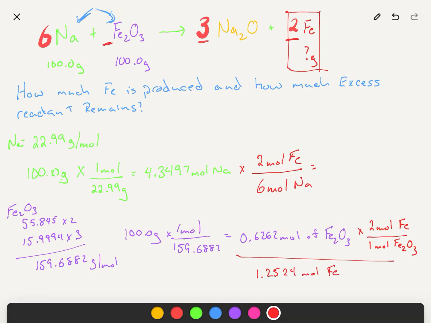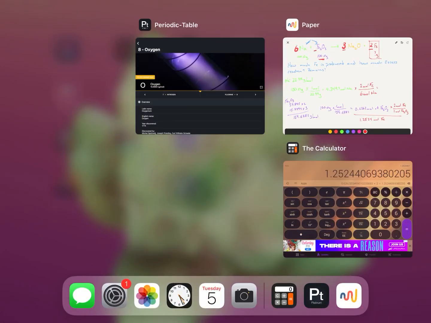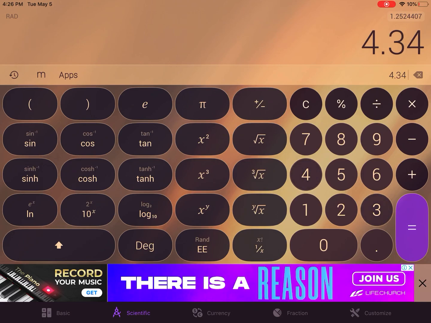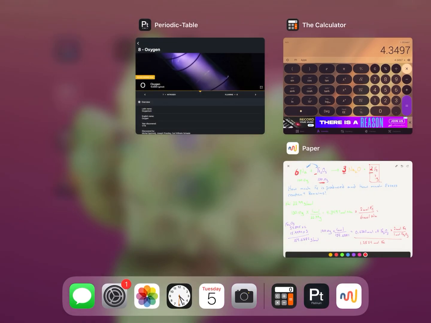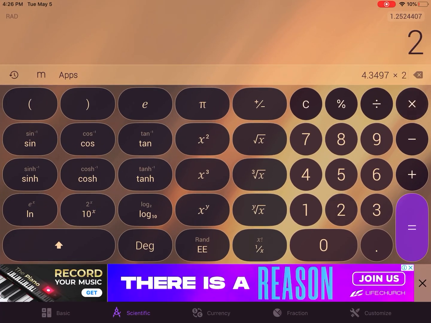And what that tells us is if all 100 grams of Fe2O3 were to react, we would produce 1.2524 moles of iron. Now we're going to take our 4.3497. We're going to multiply by our molar ratio, which is 2 divided by 6, or we could have just divided by 3 there.